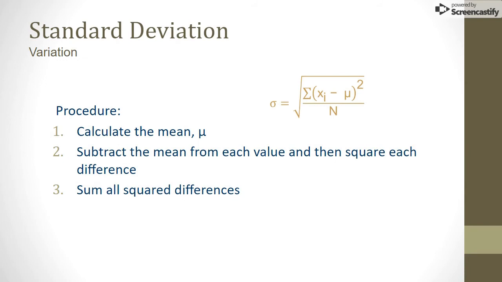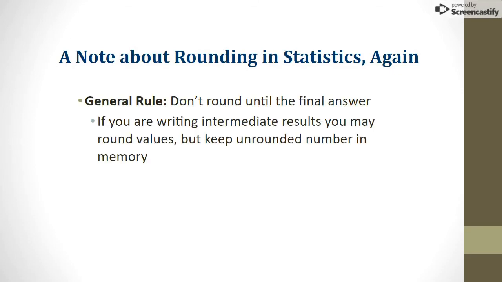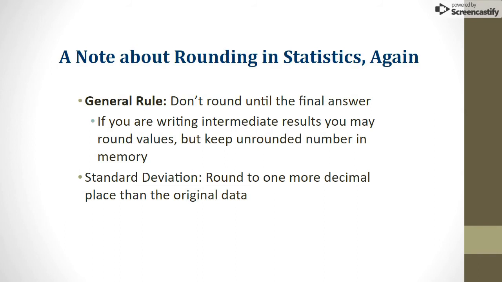Add them up. Next, divide the summed value by the size of the population, N. And finally, calculate the square root of the result. Remember, don't round before your final answer. And when you find the standard deviation, round the reported value to one more decimal place than the original data was given.